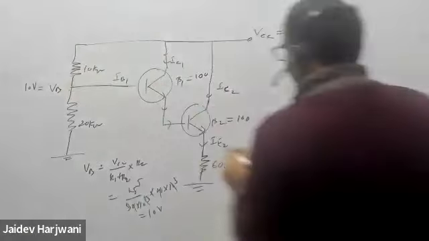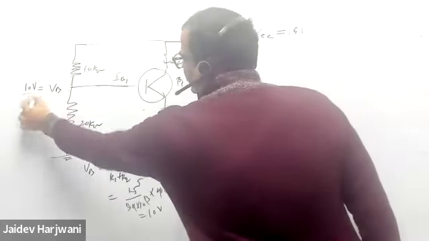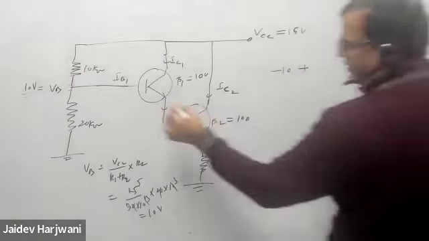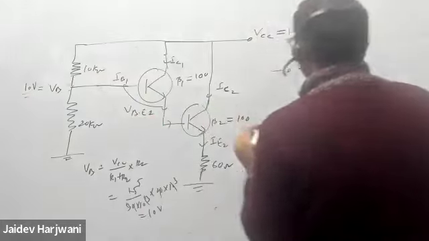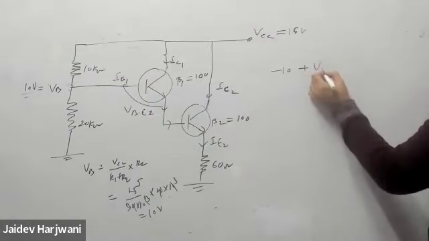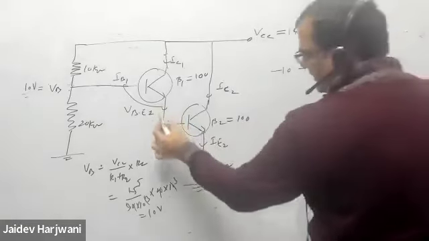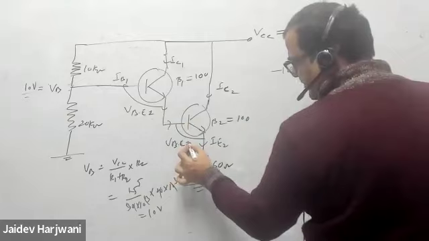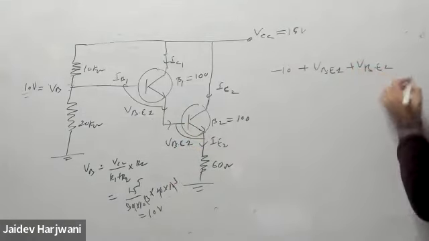Now here you can apply KVL. This will act as a battery. So you can write minus 10, here you have VBE1, and directly come here VBE2.